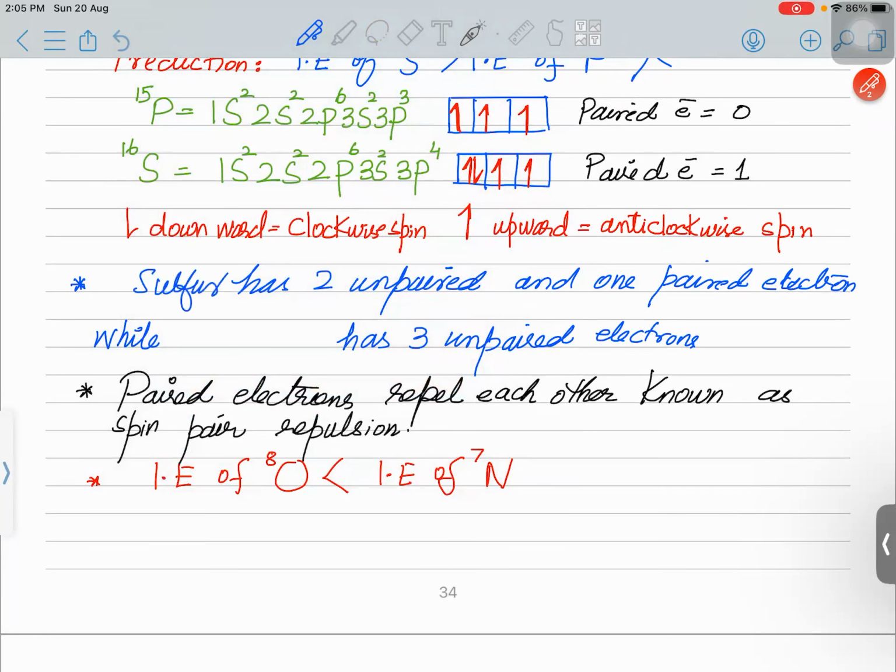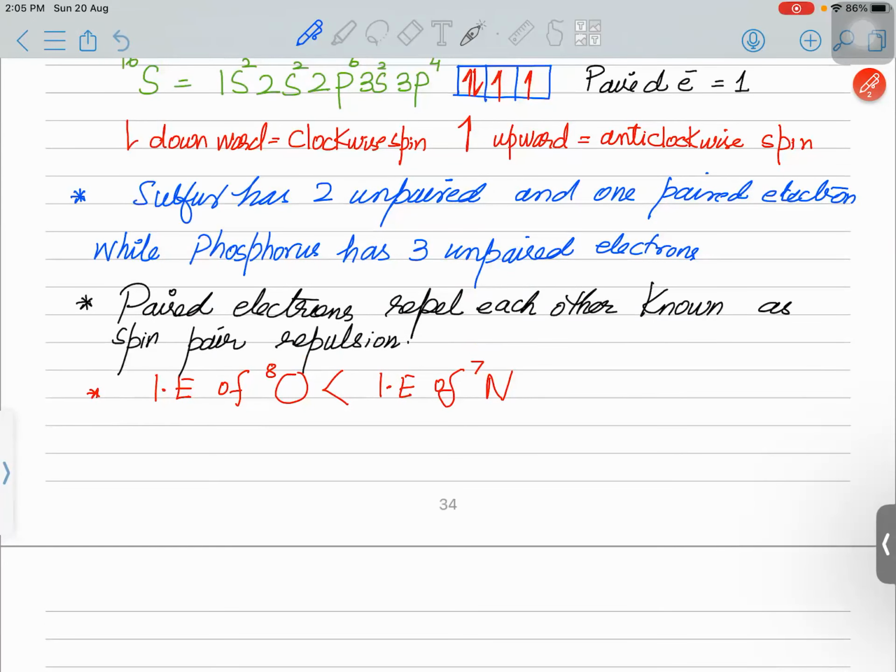So sulfur has two unpaired and one paired electron, while phosphorus has three unpaired. Paired electrons repel each other, known as spin pair repulsion. So ionization energy of phosphorus is less than ionization energy of sulfur.